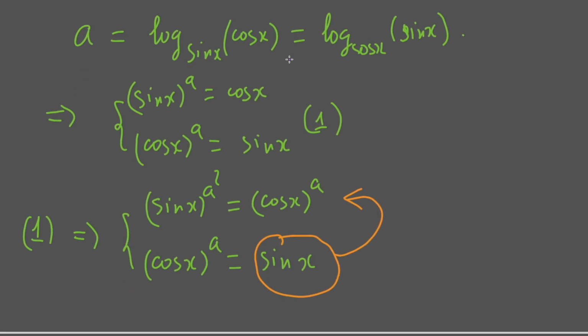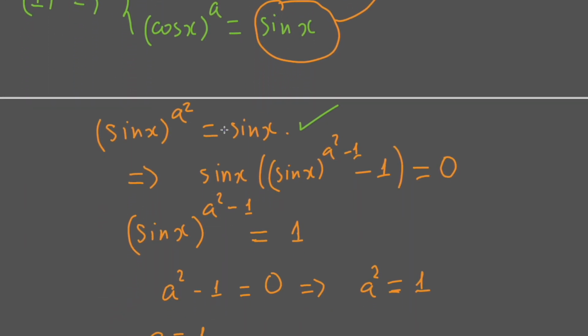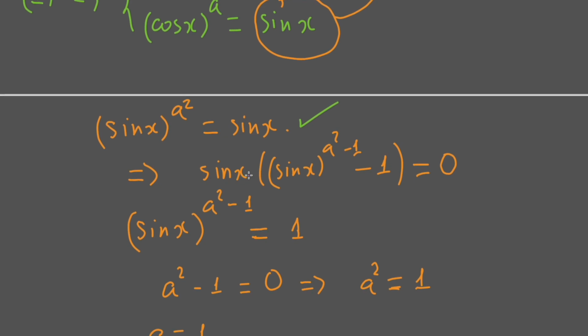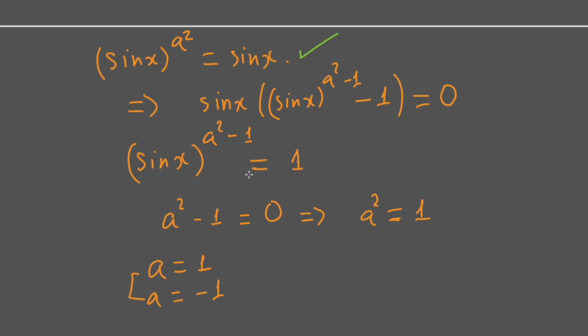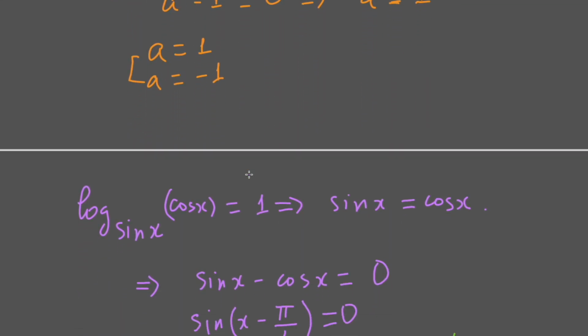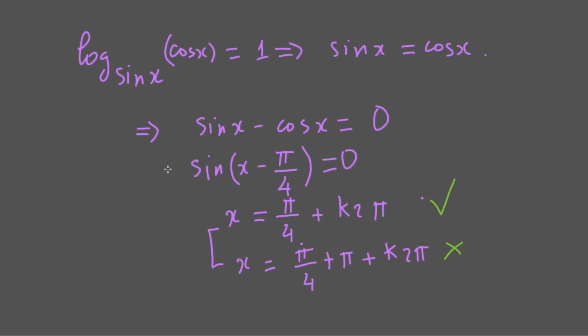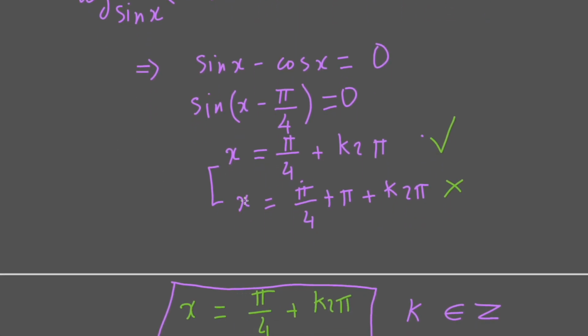It helps us to eliminate factors that cannot be equal to 0. And also it helps us in later transformations. For example, we remove this root because of the condition that sin x and cos x are greater than 0.